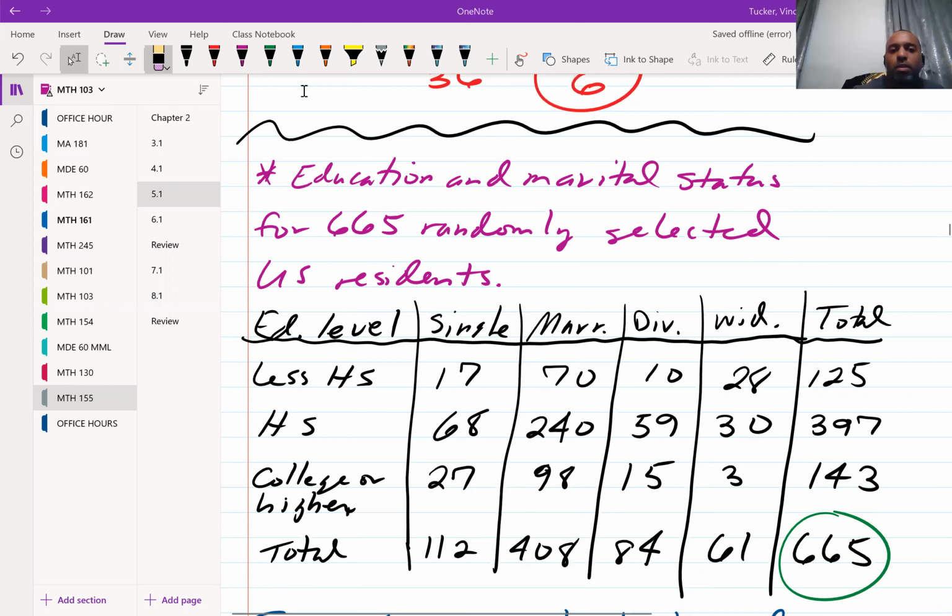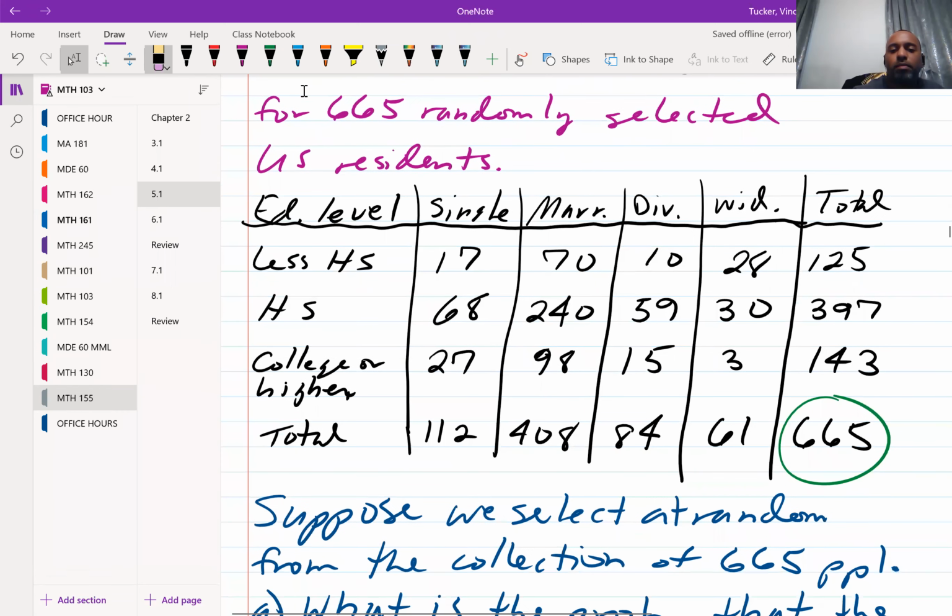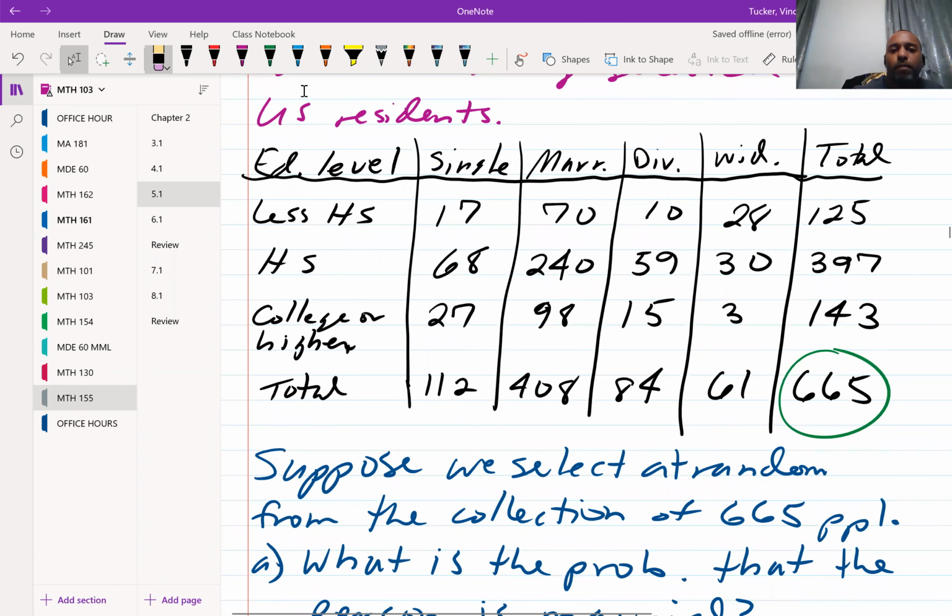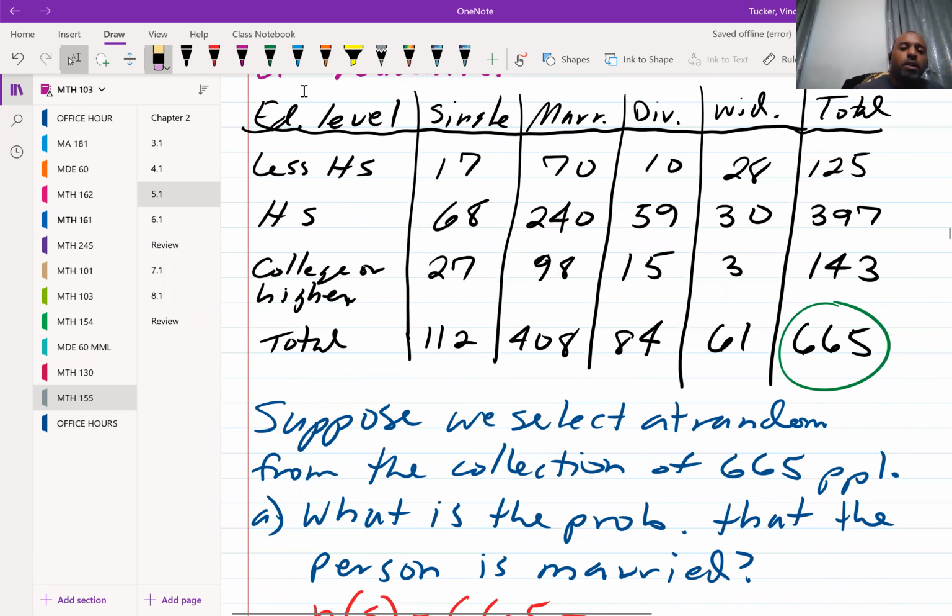All right, can I scroll up? So suppose we select at random from the collection of 665 people. What is the probability that the person is married?